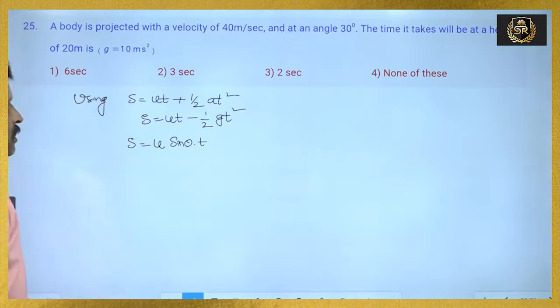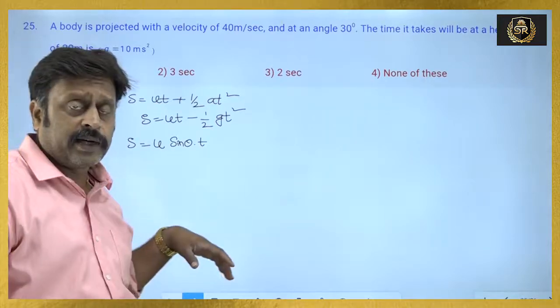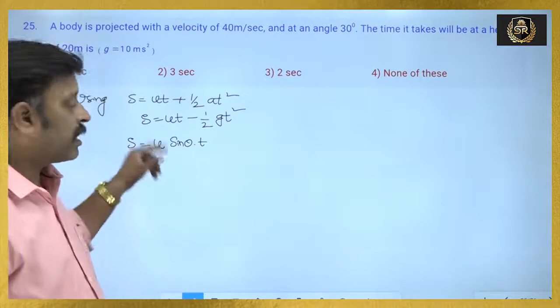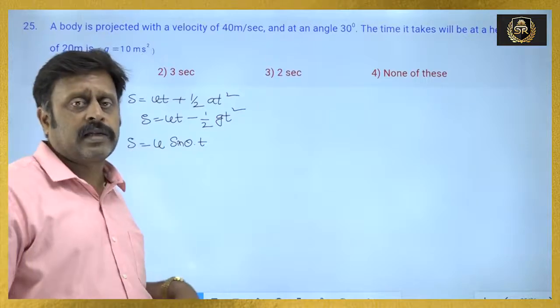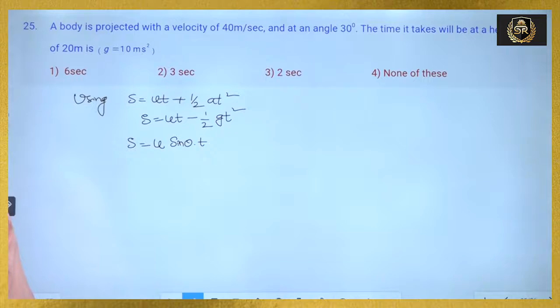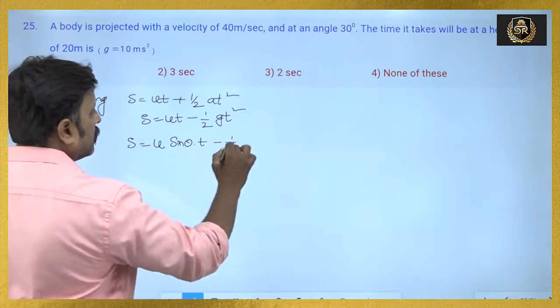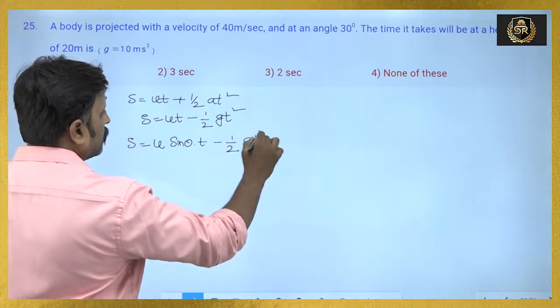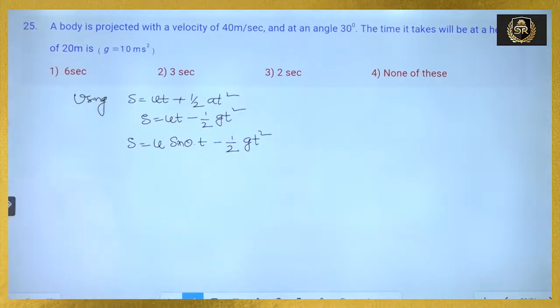Why sin theta? The body is moving in the upward direction, so we need to consider the velocity of the body in the vertical direction. So S is equal to u sin theta into t minus half gt square.